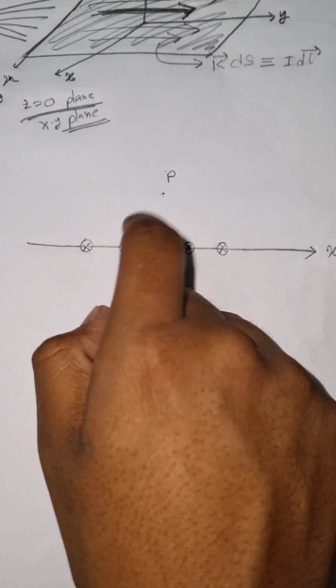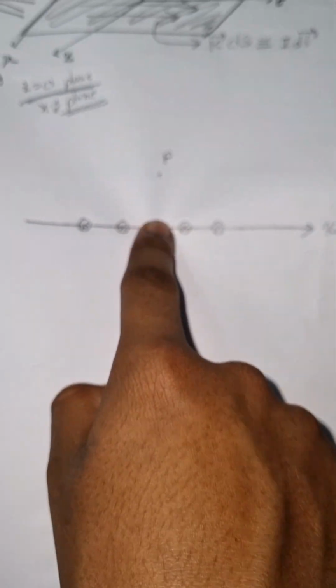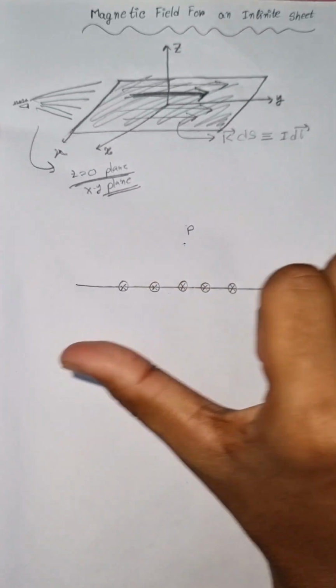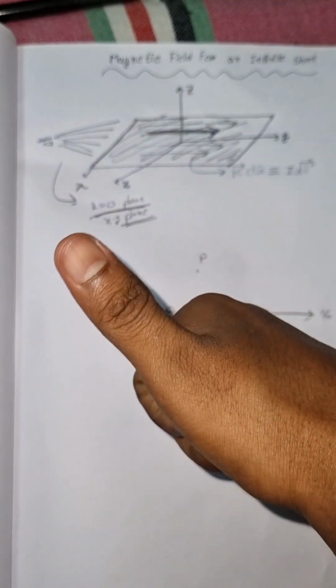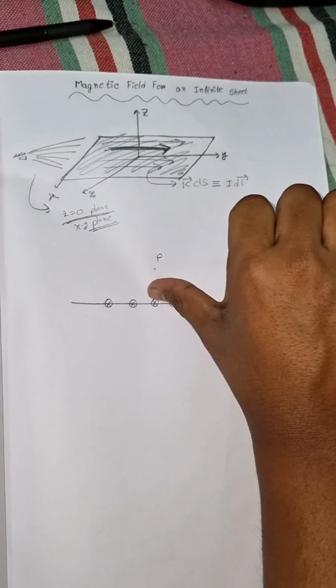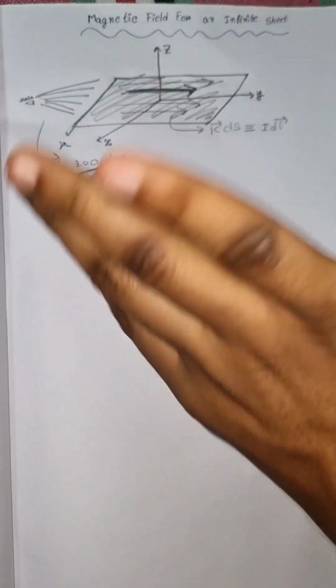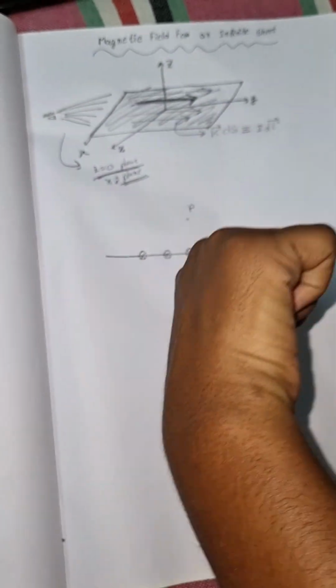So the current is going vertically inside this. From the right hand rule, we can say if the current is going this way, then the clockwise rotation is the rotation of H, or the magnetic field. So if it's going in this direction, this will be the clockwise rotation.